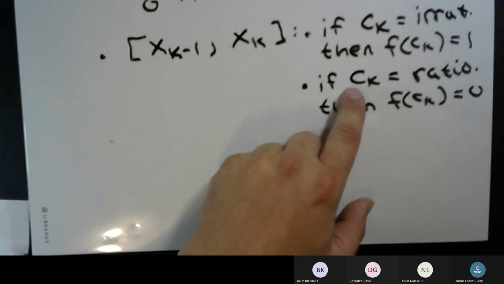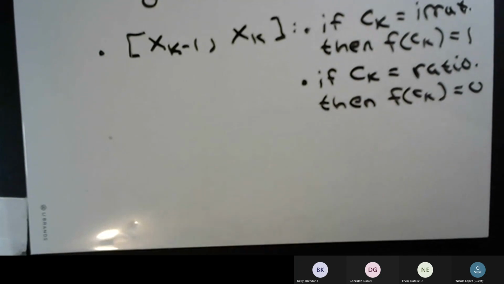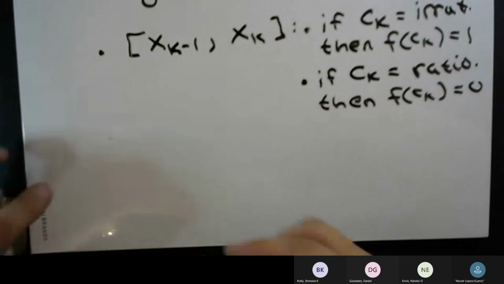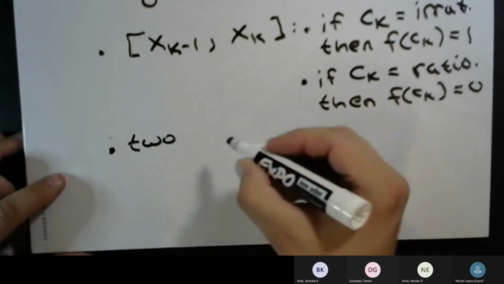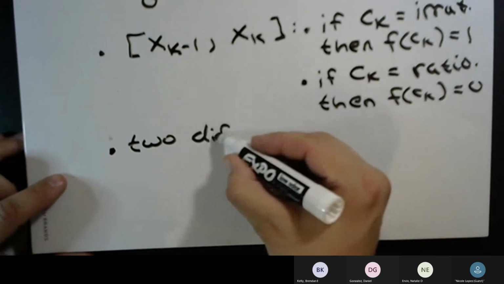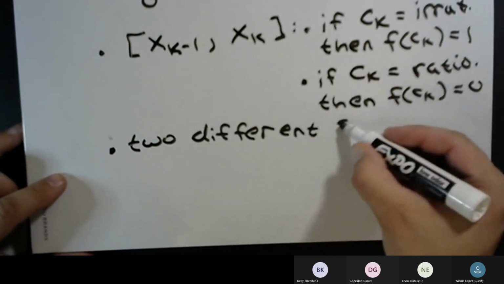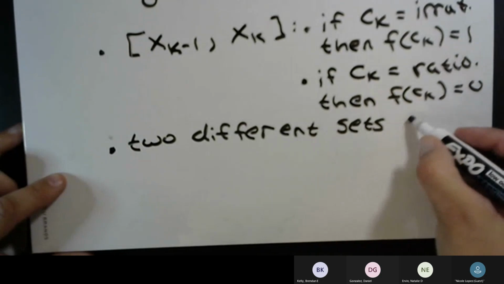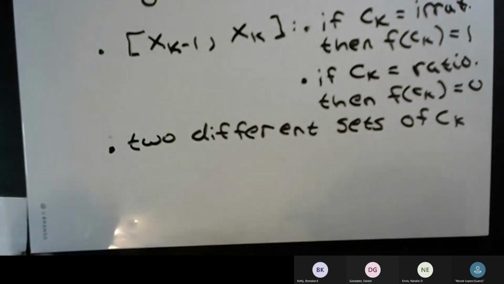Those partitions, as we let n go to infinity, we're going to get the same number for our limits. So we're going to choose two different sets of ck. And this is where those upper and lower sums come in.